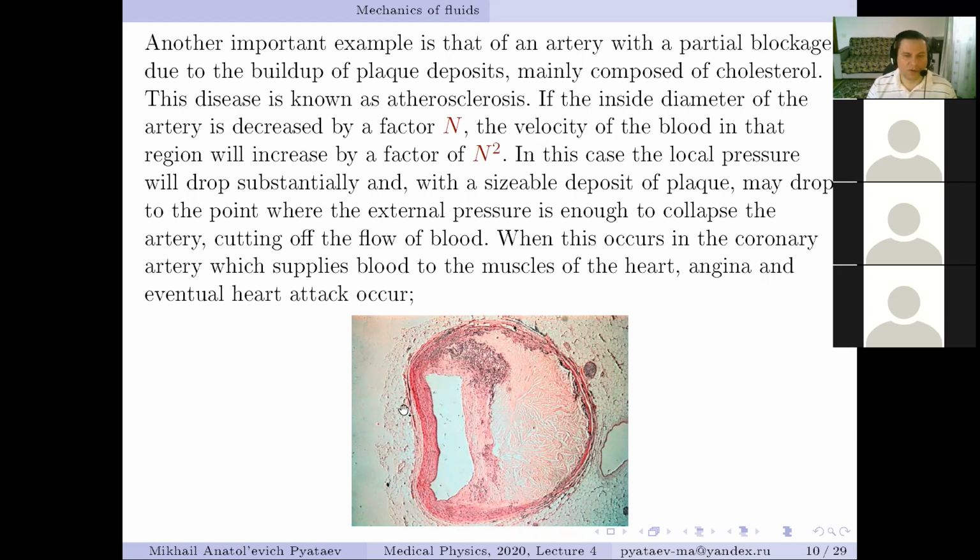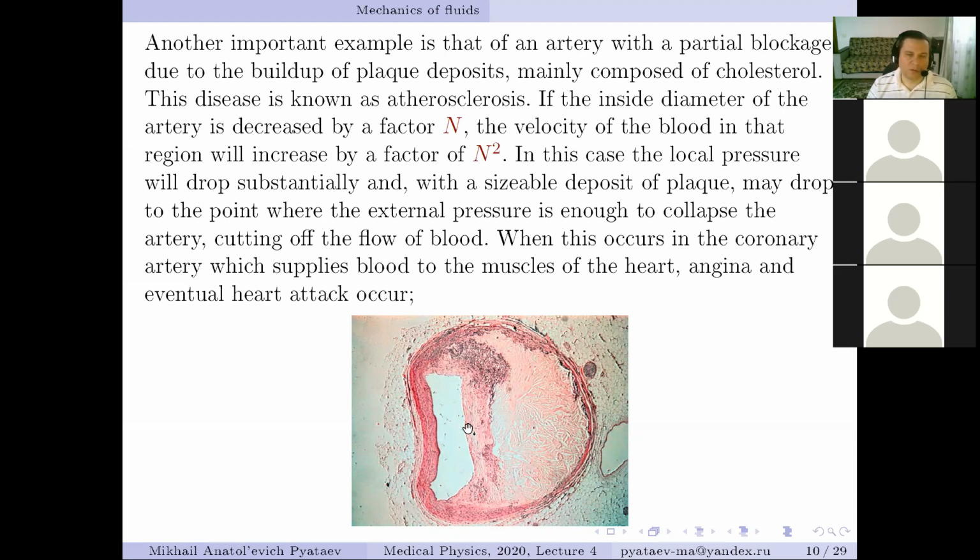And the smaller pressure means that the wall on the other side will not be affected by the pressure, and outer pressure can decrease the cross-section even more. So we have a dangerous situation, because outer pressure can completely block the narrow part.